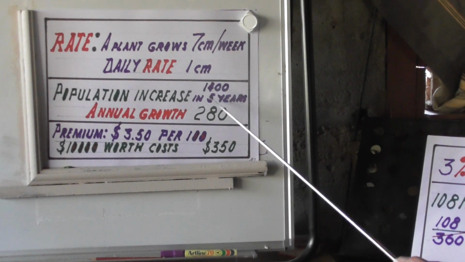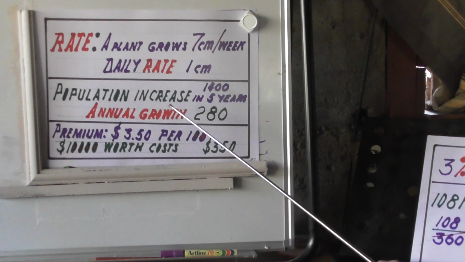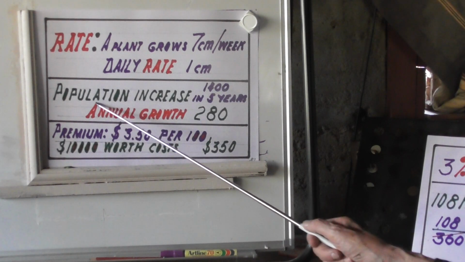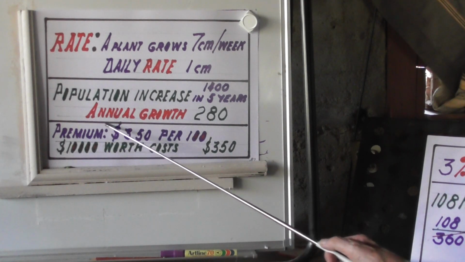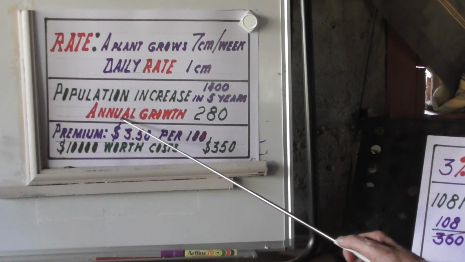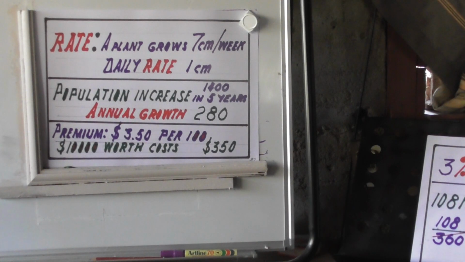So 1400 in 5 years, annual growth. So annual, that relates to per annum, per year, and it relates to anniversary because you have it only once a year. This is all Latin. Annual, anniversary, per annum.